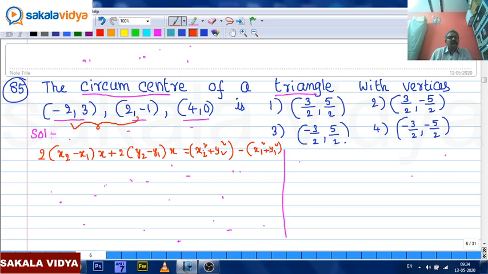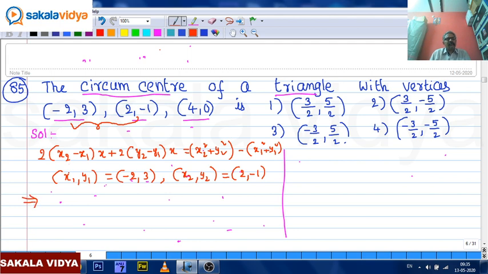Thus here x1 comma y1 equals minus 2 comma 3 and x2 comma y2 is equal to 2 comma minus 1.